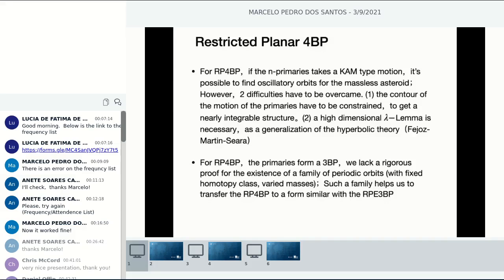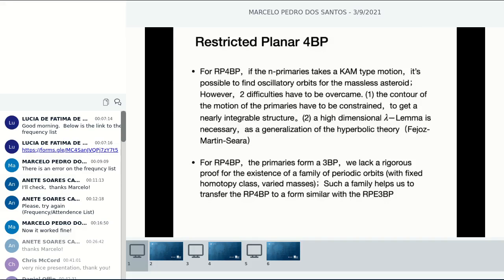The second difficulty is that if the primaries make a quasi-periodic movement, then we need a high-dimensional lambda lemma to guarantee the existence of a certain normally parabolic invariant cylinder. We will see that later. Those two difficulties stop us from considering this case.